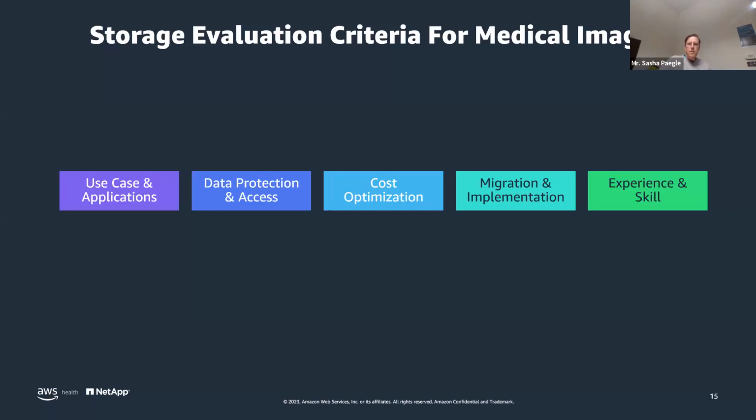And ultimately, all these criteria to evaluate storage need to be balanced against your existing experience and skill with the cloud. I've definitely heard from many healthcare organizations that it's still early on for them and they still have a lot to learn. But there are opportunities to take advantage of what you already know and move forward.